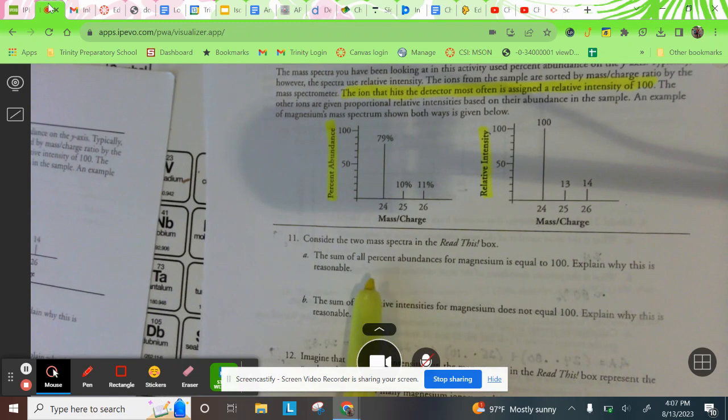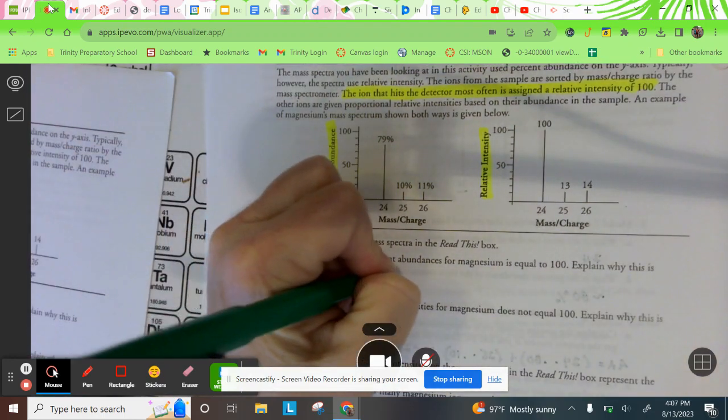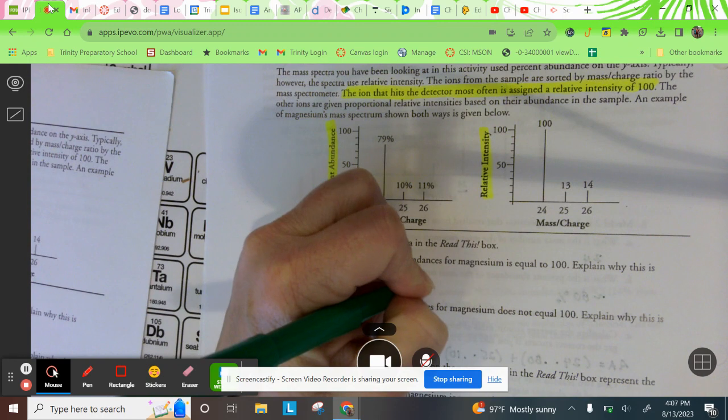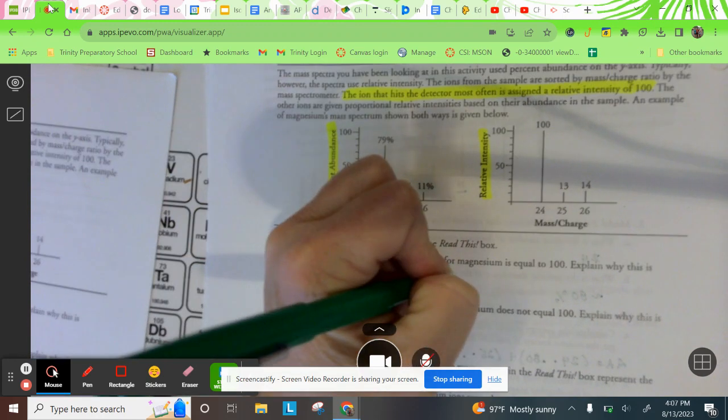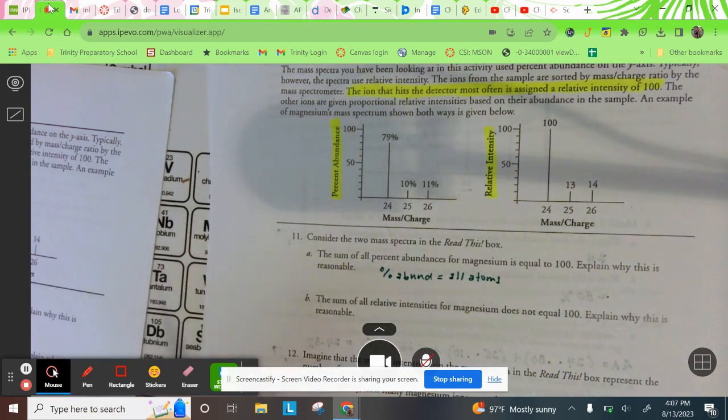It says the sum of all the percent abundances for magnesium is equal to 100. Explain why this is reasonable. Because the percent abundance is equal to all the atoms that went through there, so it should equal 100. The sum of the relative intensities for magnesium does not equal 100.